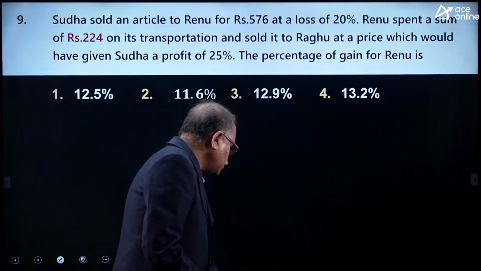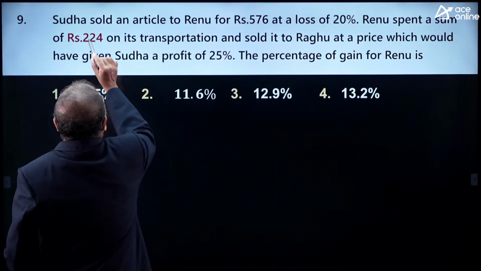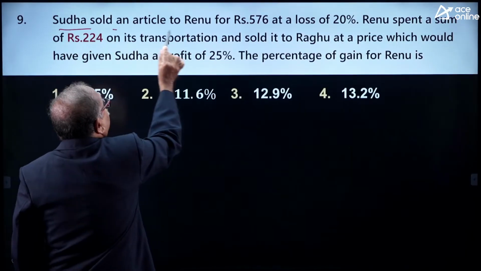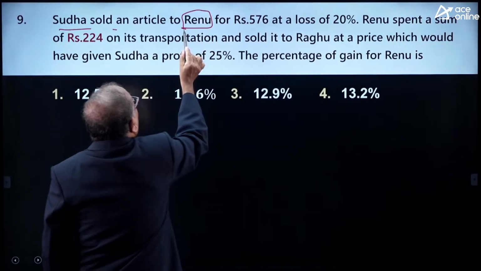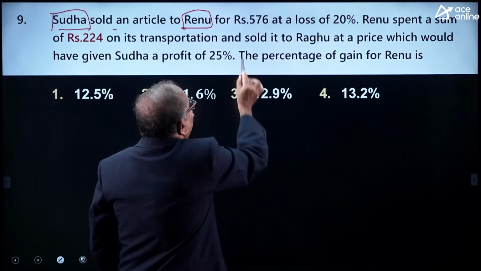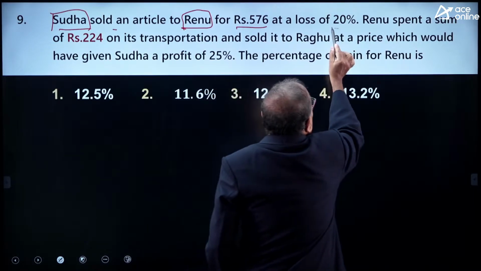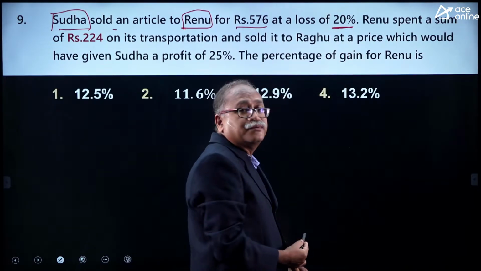Okay. So, please allow me to read the question. Sudha sold an article to Renu for rupees 576 at a loss of 20%.